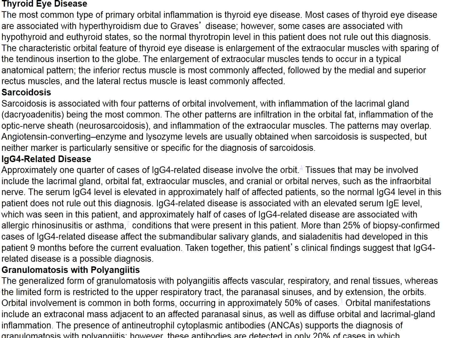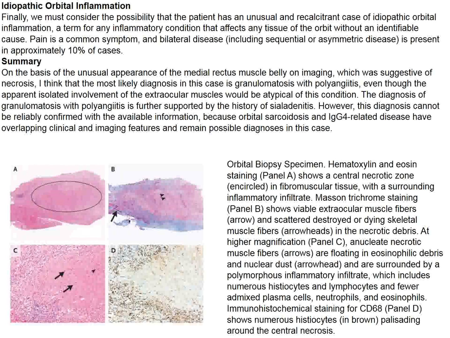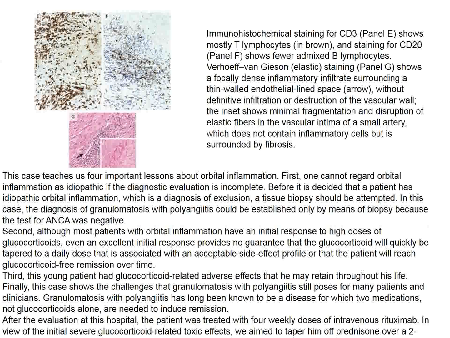And when it does, 80% of these patients don't have peripheral ANCA. But if you biopsy them, you can see the presence of granulomas and inflammatory cells as shown here. And the biopsy of this patient clinched the diagnosis of granulomatosis with polyangiitis. This was not IgG4 disease, as shown here.